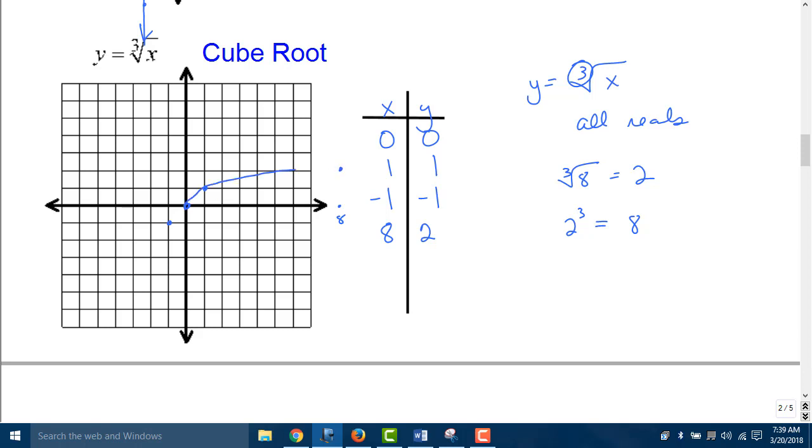So I've got this part. And if I choose negative 8, I'm going to get negative 2. So way over here at negative 8, negative 2. So it's kind of like the cube function, turned sideways, upside down, but you should see some relationship between this function and the last.